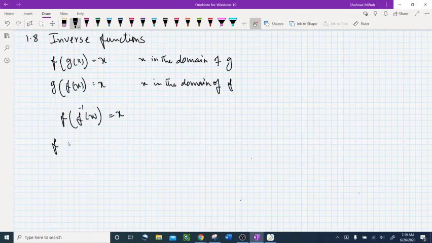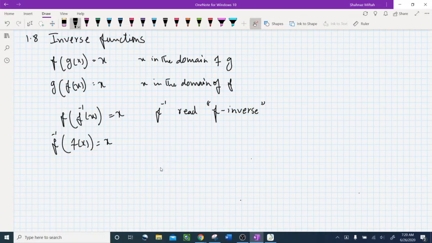So you can rewrite it as f inverse of f of x equals x. We read this as f negative 1, f inverse. Yeah, so that's how we read it.